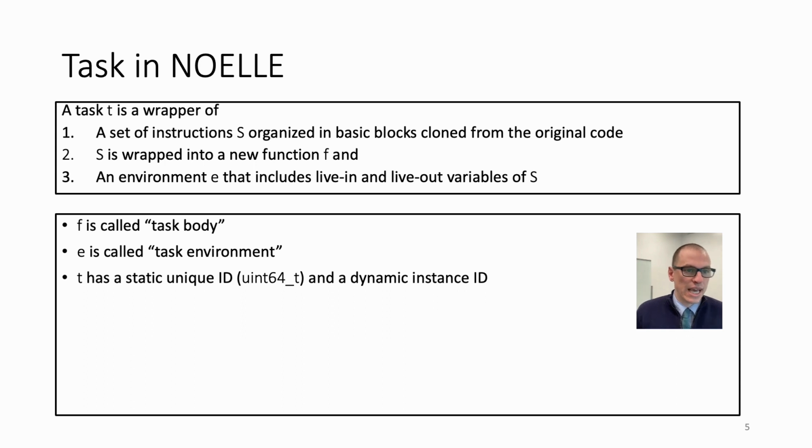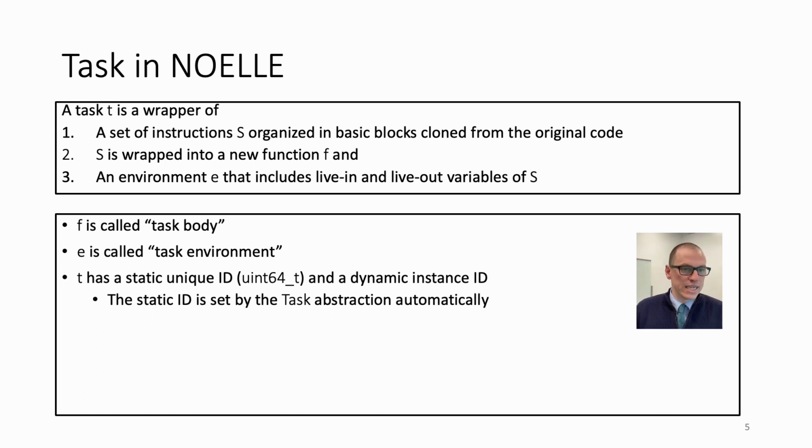A given task has a static unique ID that is an ID of the static version of the task. But then you can create many instances of that static task, and each instance is going to have its own dynamic instance ID.